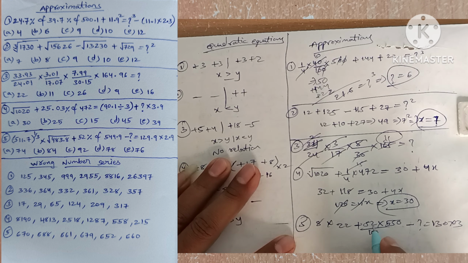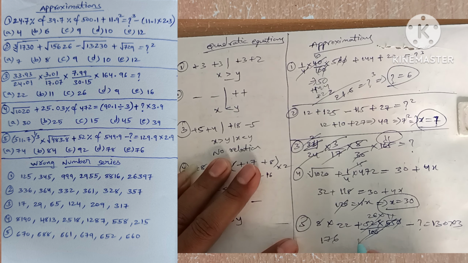This is 11 times, this is 26 times 176 plus 286 minus 390 equals to question mark. Therefore our question mark is nearly 74. So our answer is 74.